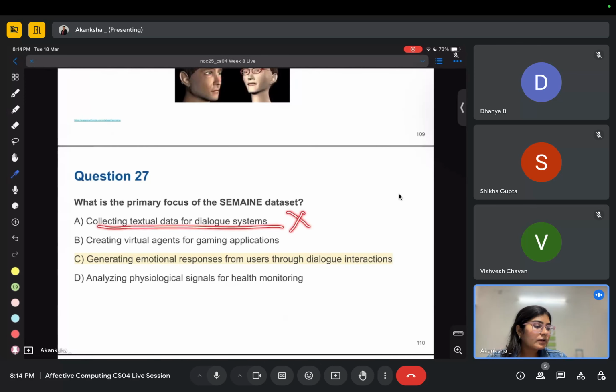No. Creating virtual agents for gaming? No, actually this is for the emotional. Since we are talking about affective, it is more of emotional responses through dialogue interactions. Why do we need to include different personalities? Because then the system will be more robust, depending on your personality traits as well. Analyzing physiological signals? No. So the third is correct.